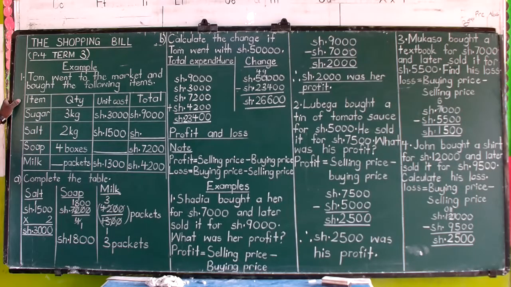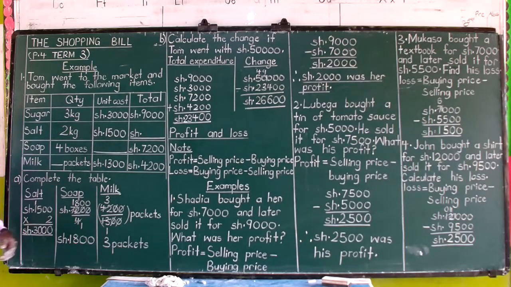We can then see an item is that particular commodity one has chosen to buy here, and then quantity is how much or how many kilograms or boxes or packets or liters one has chosen to buy.